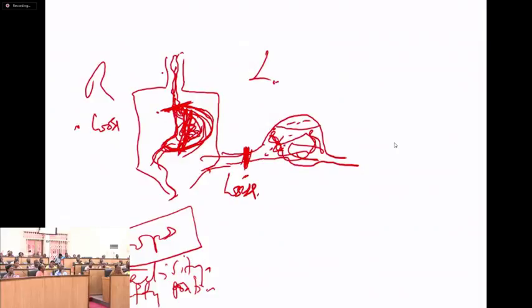So the content puts pressure on this door, and the door opens because it's not locked, because the lock is faulty. The content would put pressure here, and you'll find content going back.